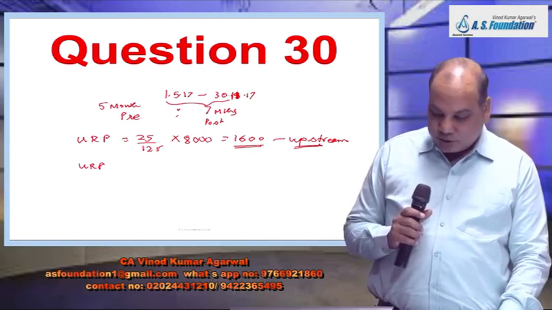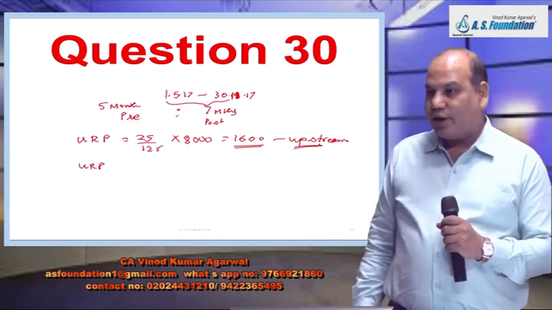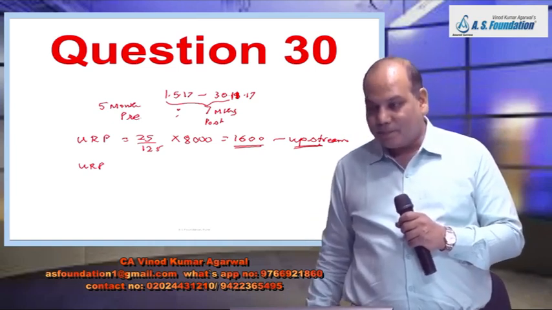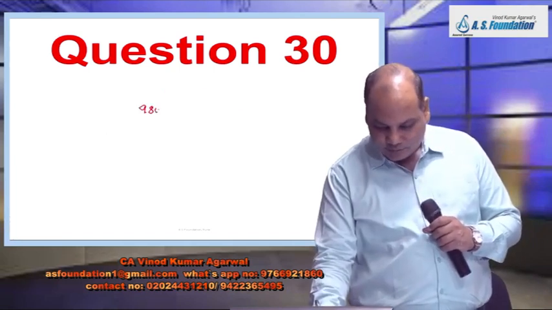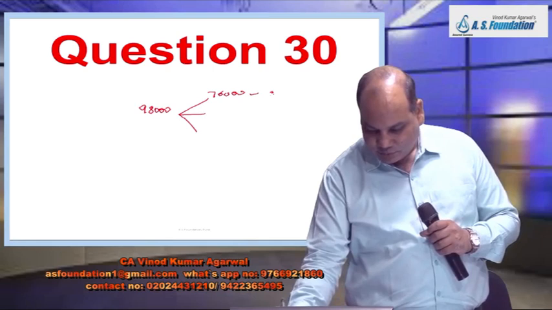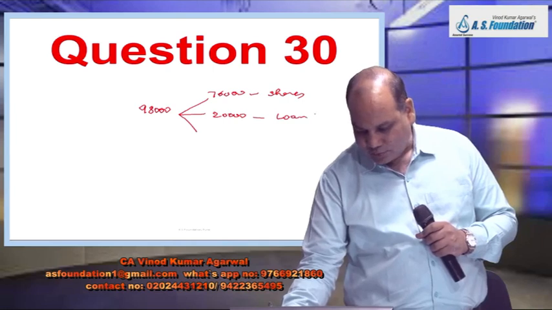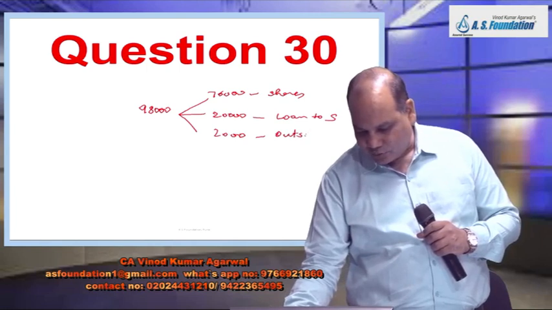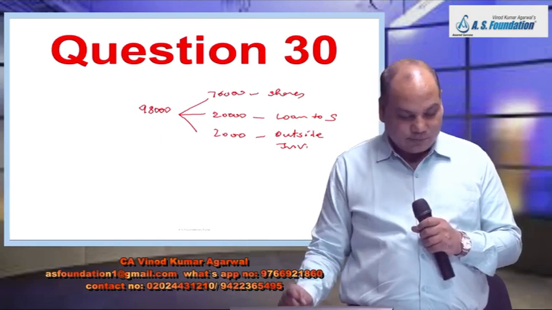Required, prepare the consolidated SOFP. Only one adjustment we have not discussed. What is the outside investment of K? Total investment of K is 98,000. 76,000 is investment in share. 20,000 is loan to S. So therefore 2,000 is outside investment. 76,000 is given in the first line.